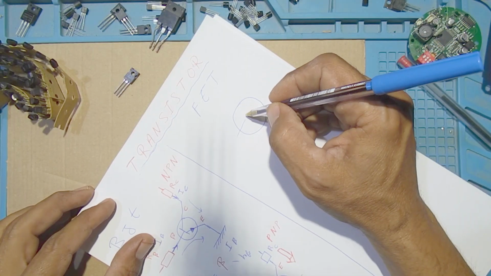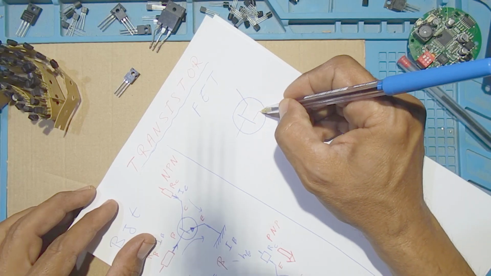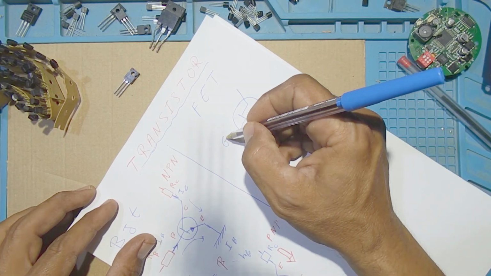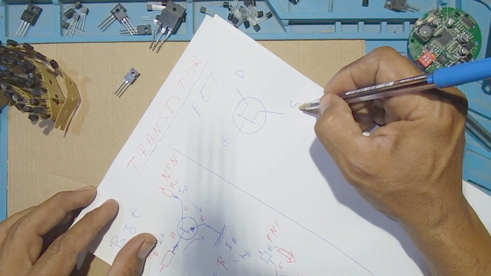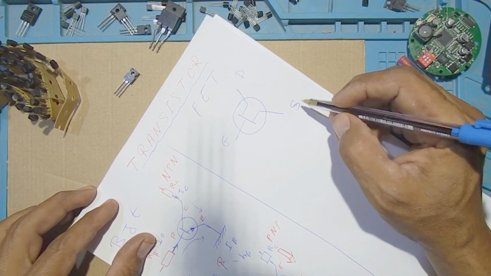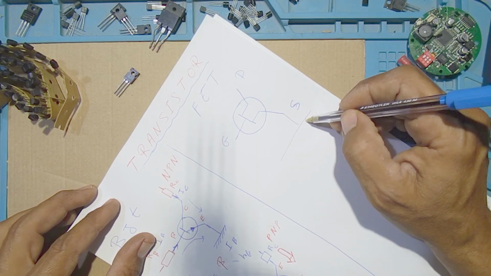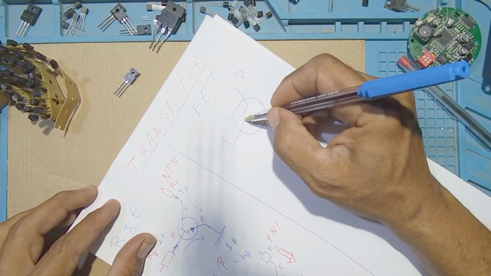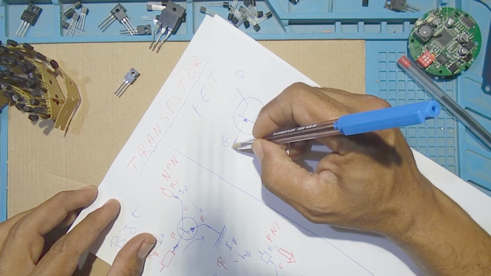For the field effect transistor, we also have three terminals. This is the gate, this is the drain, and this is the source. To make this transistor conductive, we must apply some voltage here.